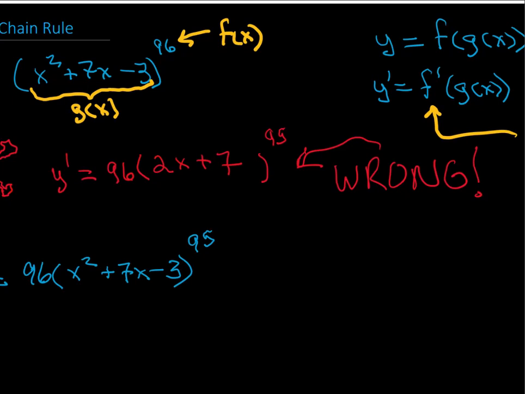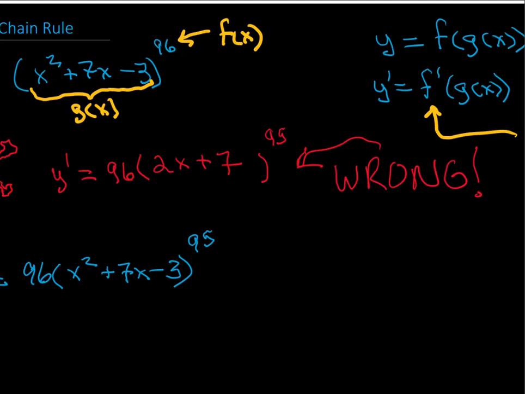Oh, well, they kind of did that in the wrong version, didn't they? Do you see the 96 out front, the 95 up? But what did they mess up? What's inside? It shouldn't be the 2x plus 7 yet, should it? Should still be the x squared plus 7x minus 3. So rewrite the inside first so you're not tempted to do this.